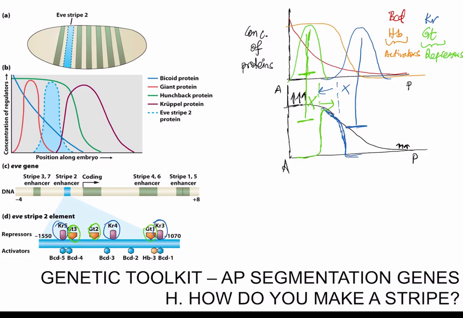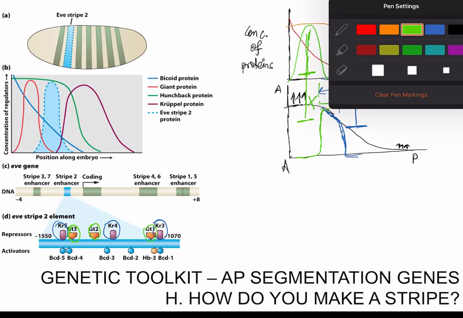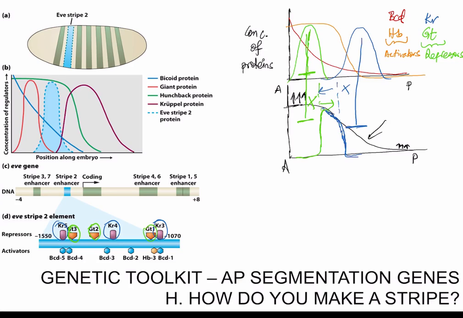Therefore, through the combination of generalized, broad activation, but combined with localized repression, we are able to produce expression in a narrow stripe or domain of the embryo.